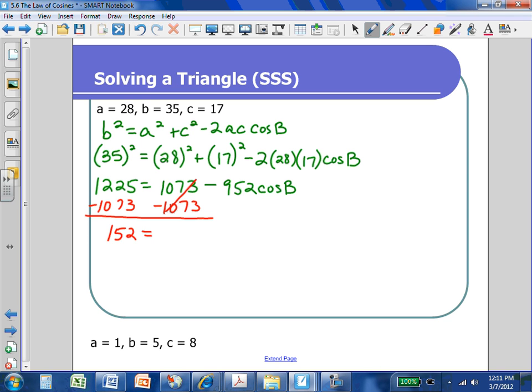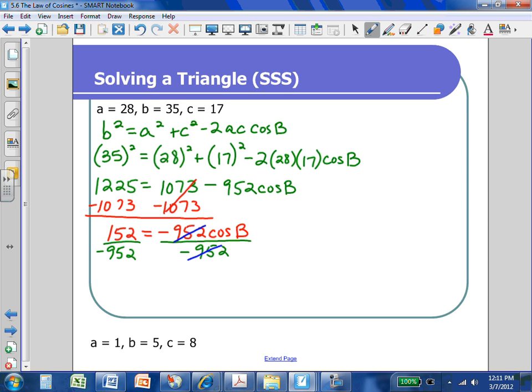That's going to be equal to negative 952 cosine of angle B. Now to get cosine by itself, I need to divide both sides by negative 952. And on the left-hand side, I'm going to leave that the way it is.